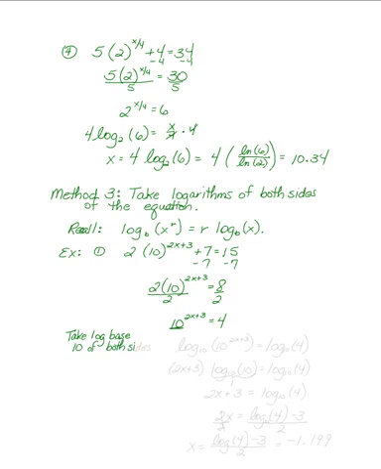Now if we do that, we get log base 10 of 10 to the 2x plus 3 equal to the log base 10 of 4.